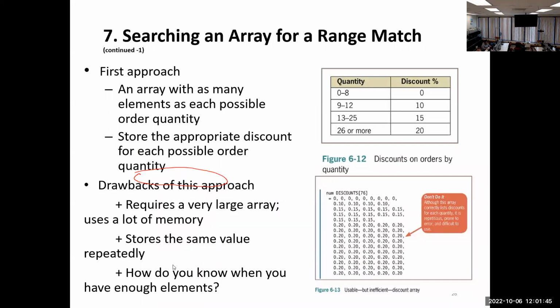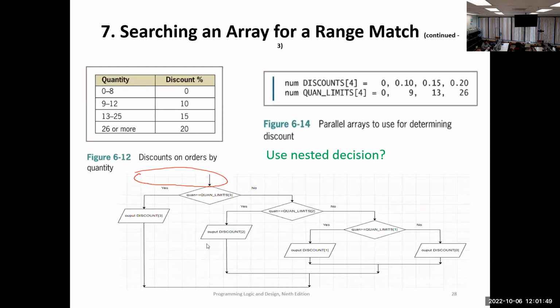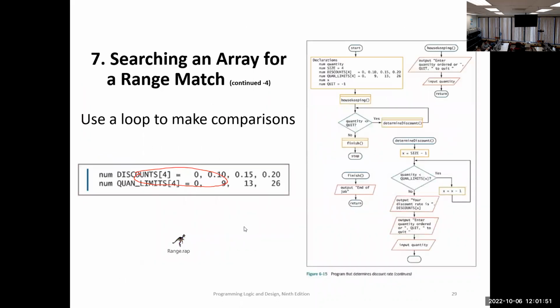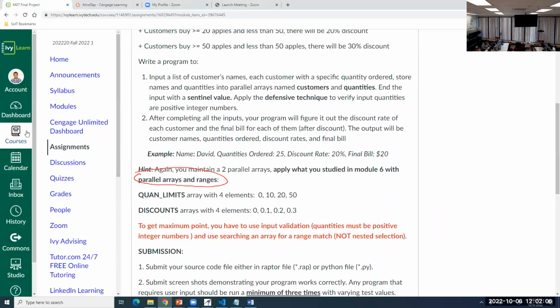Instead of using the net decision here, you have to use the loop here. And I explained it very clearly more than one time, right? When you work with this one. Okay, that is about the final project.